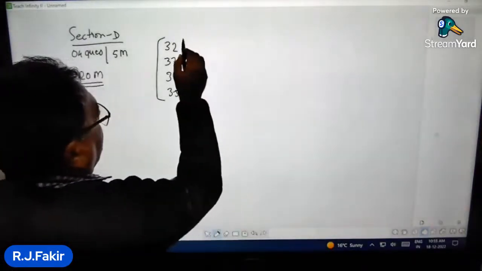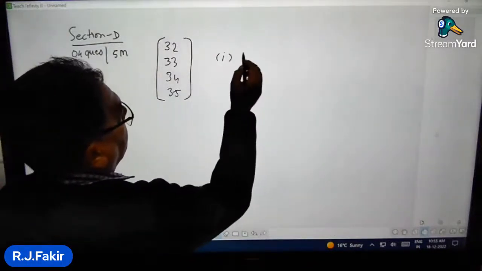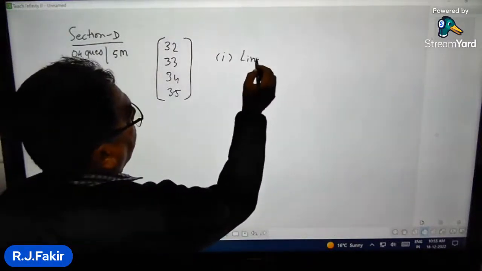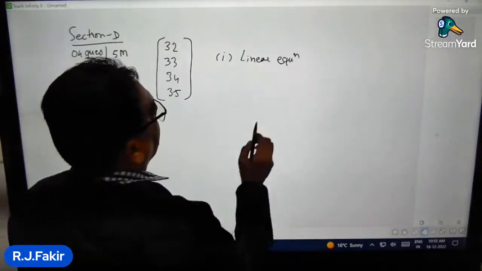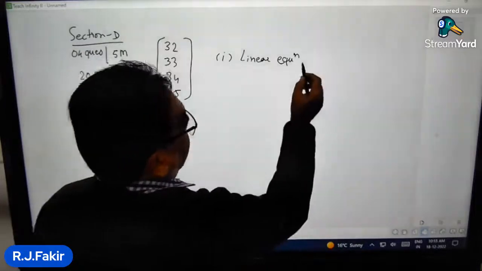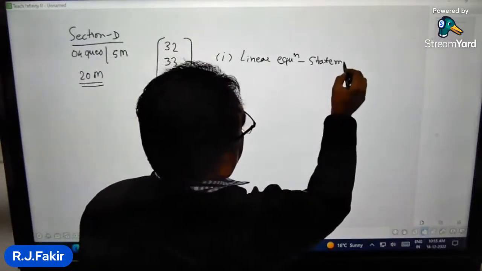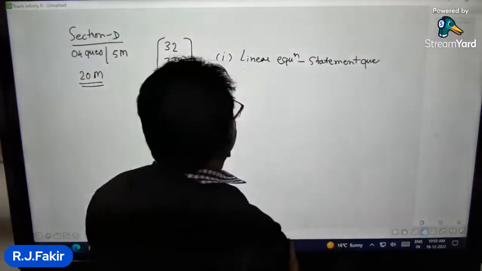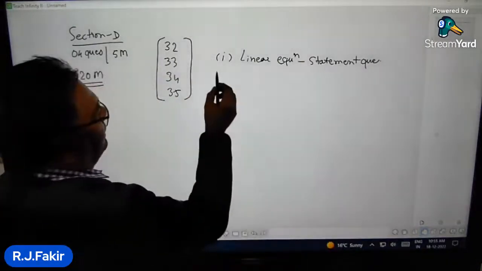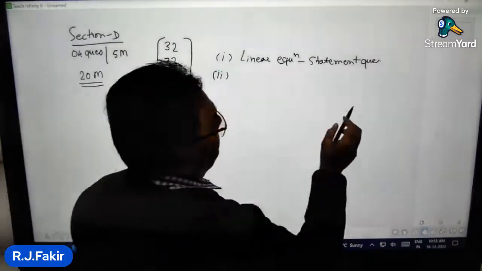Here you can get one question from linear equations in 2 variables. That will be a statement question. Then this question will be having a choice.